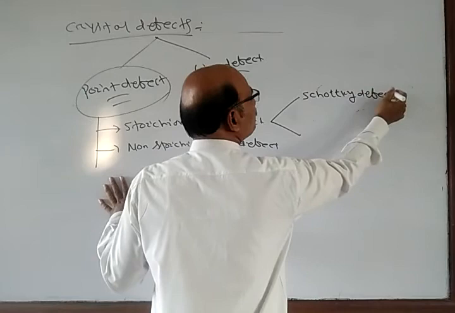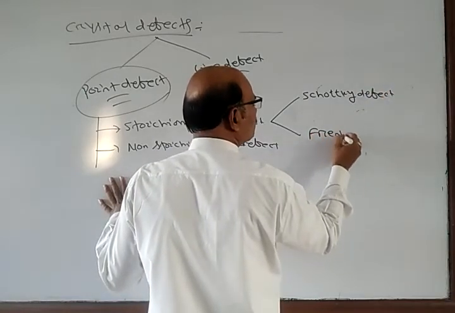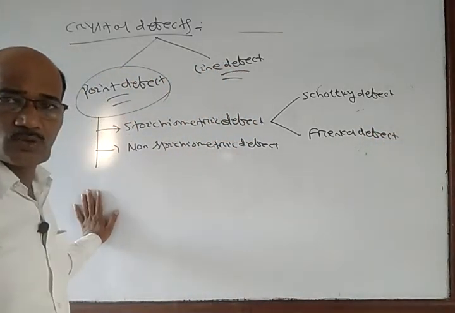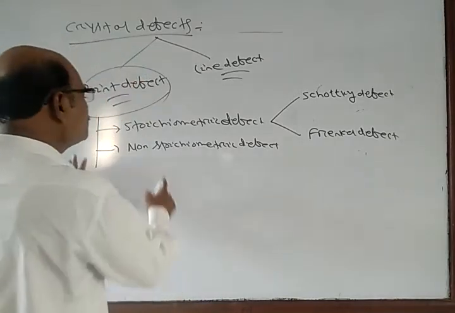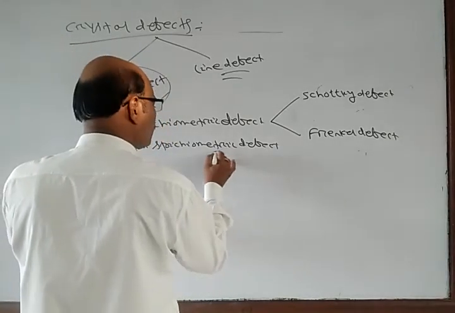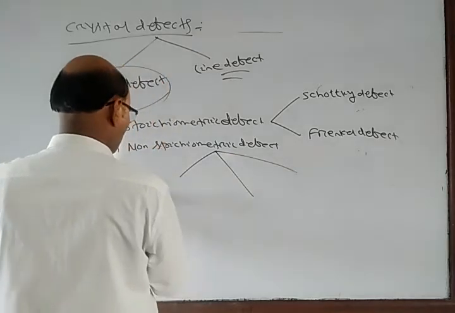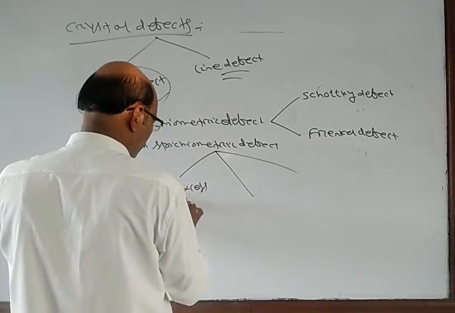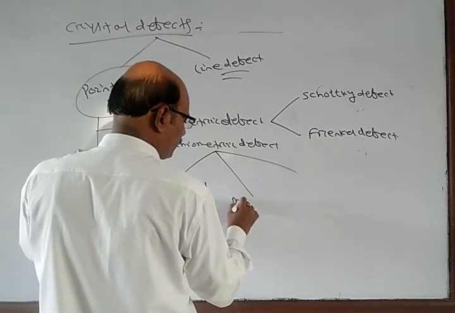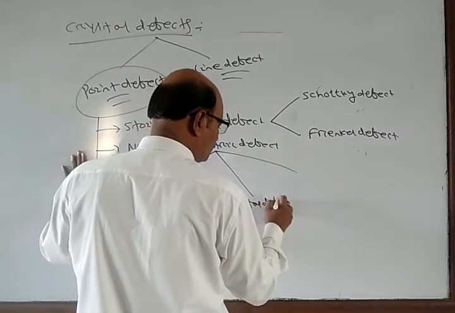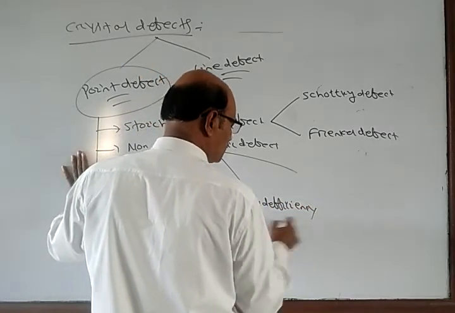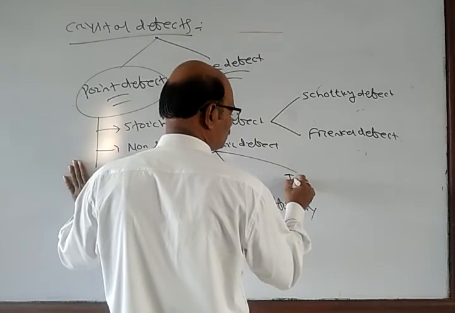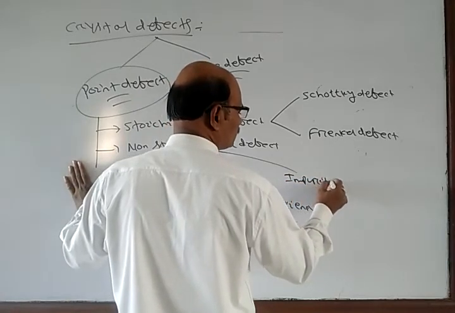Schottky defect and Frenkel defect. Okay. And the non-stoichiometric defects can be metal excess defect, metal deficiency defect, and impurity defect.